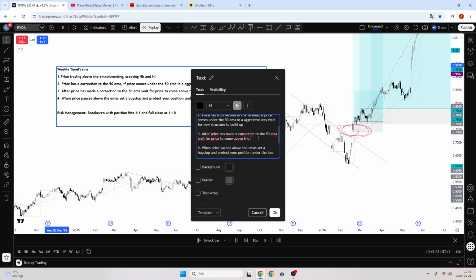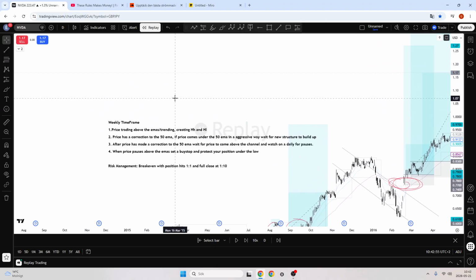Instead we change this, wait for price to come above the MAs and watch on a daily, or come above the channel. We will say channel in this case, above the channel, and watch on a daily for pauses. Hopefully you guys understand this.